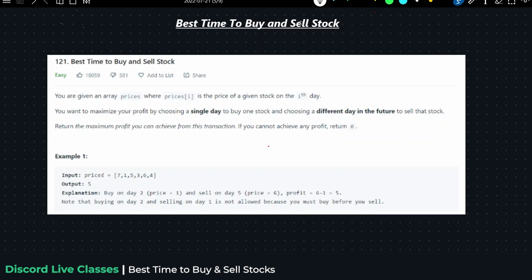If it is equal, then we will sell it. And one more thing, we will not be able to buy on the last day. Cool. Good. Very good.